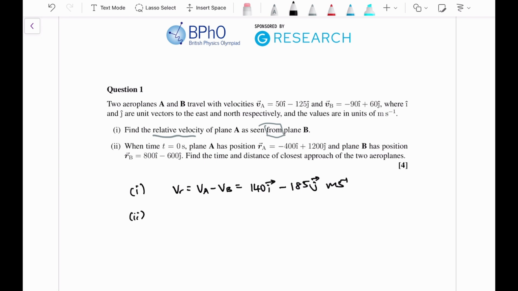It has given us the initial positions of A and B. My idea is that maybe we could use the velocities and then convert them to position. But what we want to find is actually the relative position. So we can find the smallest relative position of A to B or B to A, and then we can find the time that A or B arrives at this certain point.